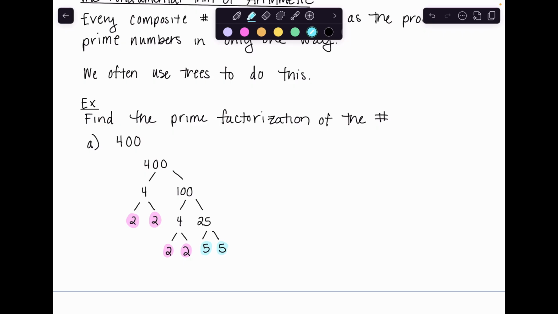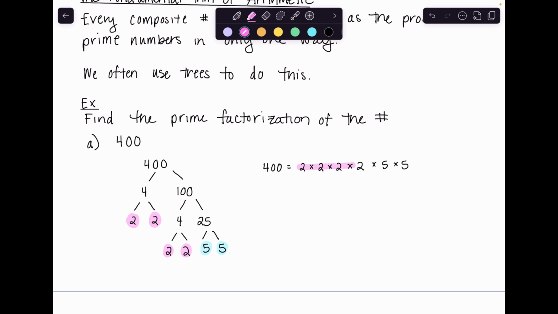So if I look at the ends of all my branches, that's going to give me my prime factorization. So the number 400 we can write as, if I go ahead and connect these, I have 4 2's. We have 2 times 2 times 2 times 2. And then I've got 2 5's. So that's times 5 times 5. Okay.